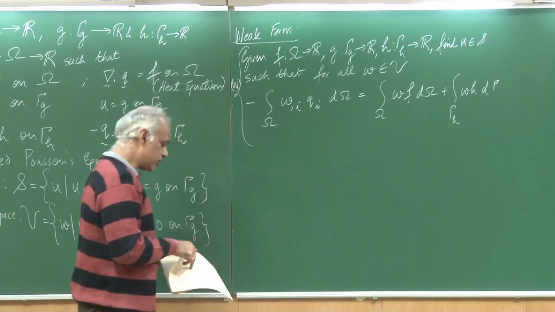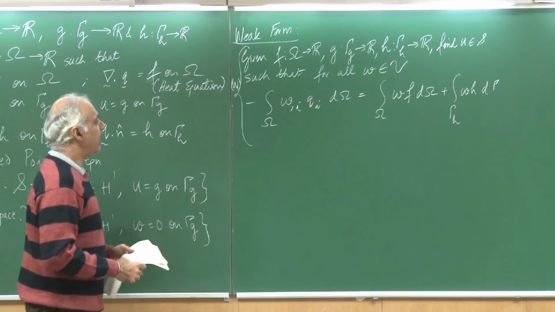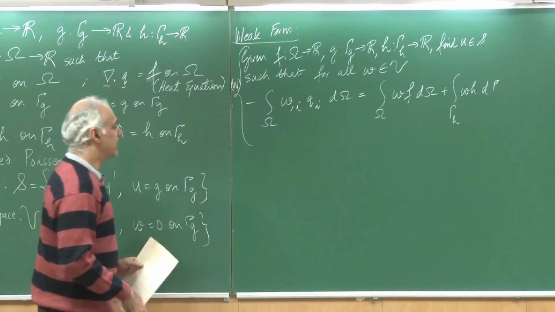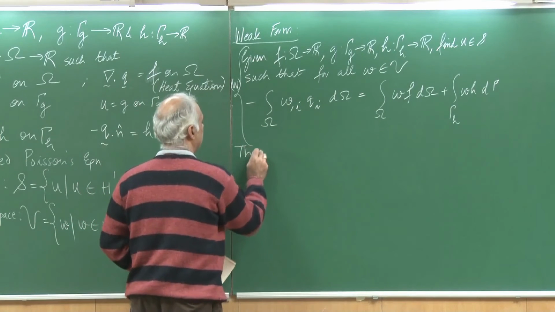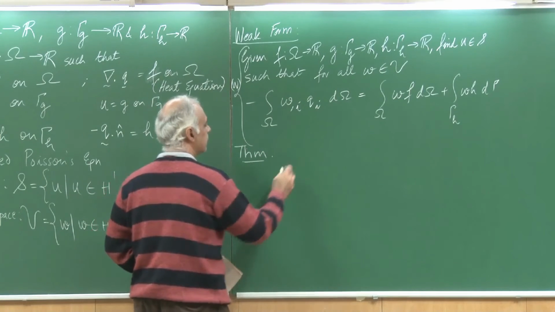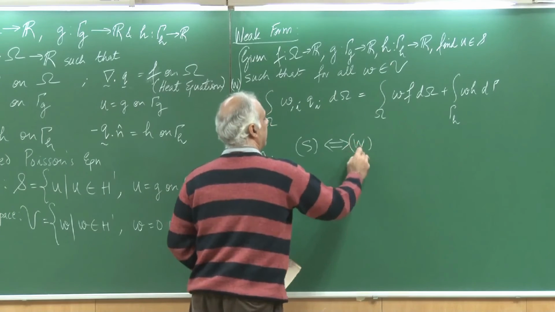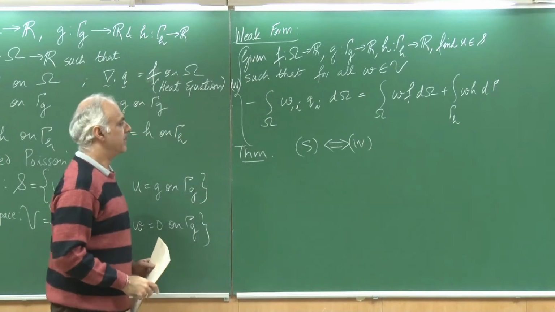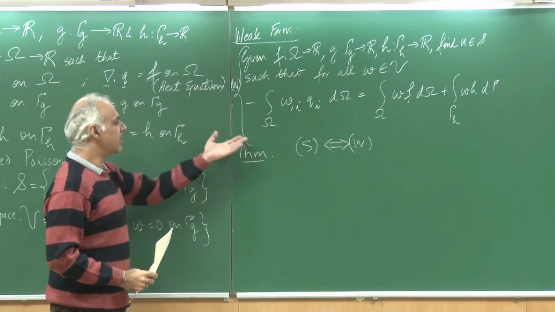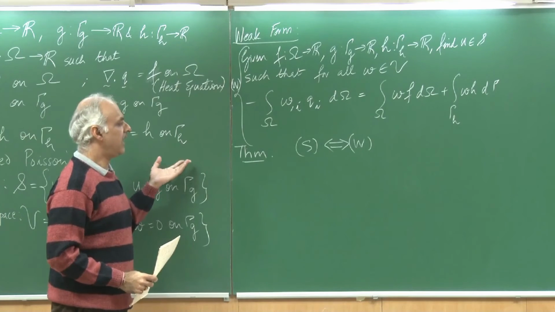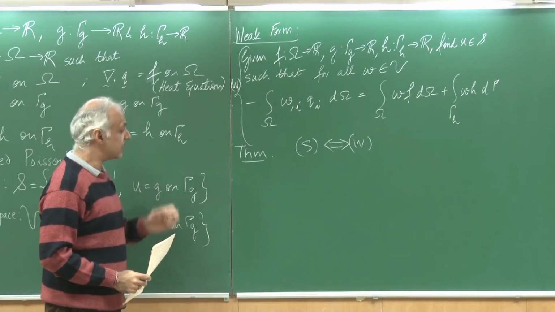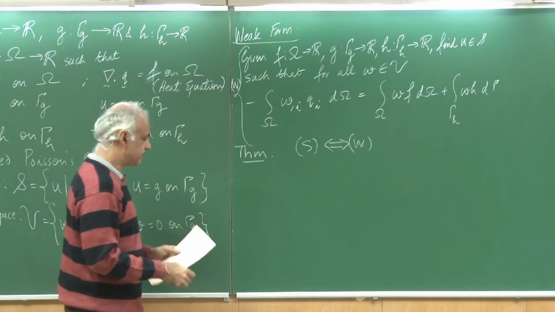We will again go through the proof for showing that the strong form and the weak form are equivalent. So this is what we will set out to show. Okay? So you can solve any one of these problems and they are guaranteed to give you exactly the same solution.